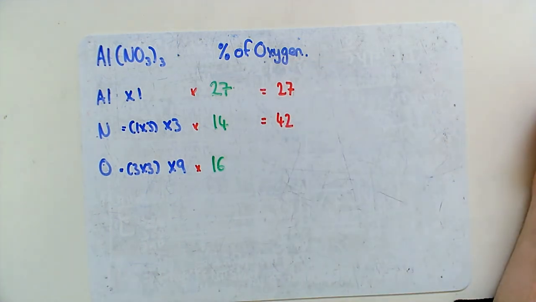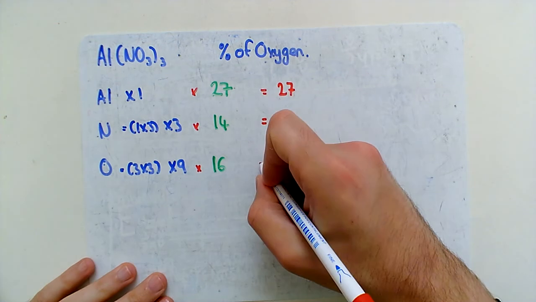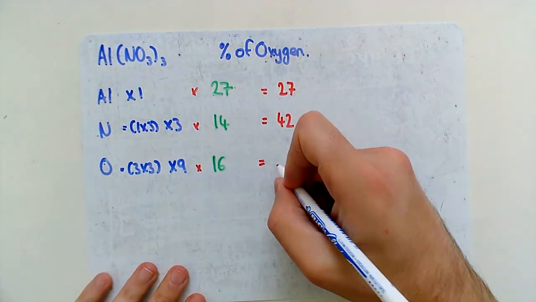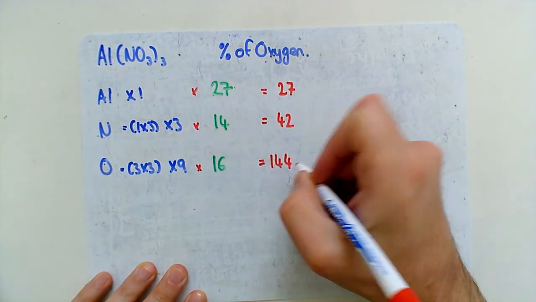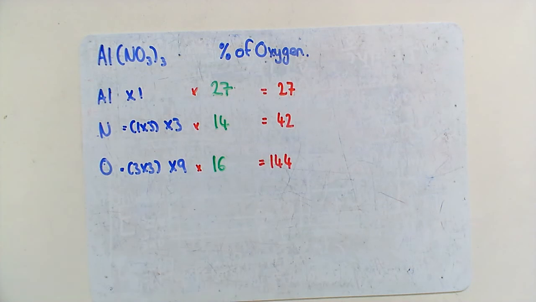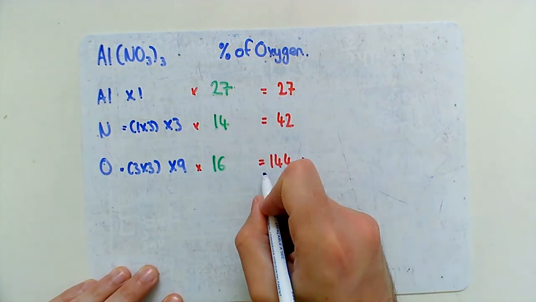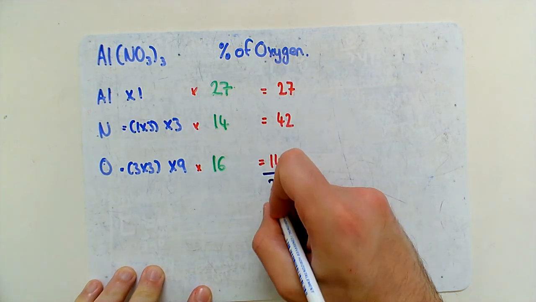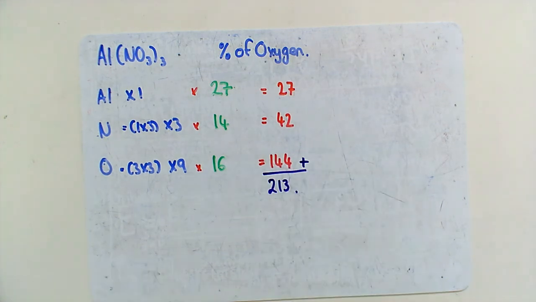And 9 times 16 equals 90 plus 54, 144. And then I add them all together, and I get 213.